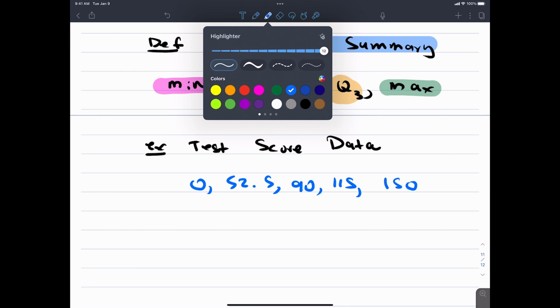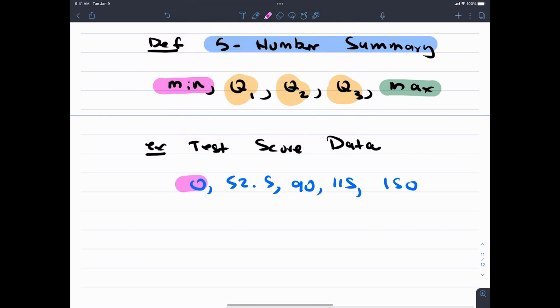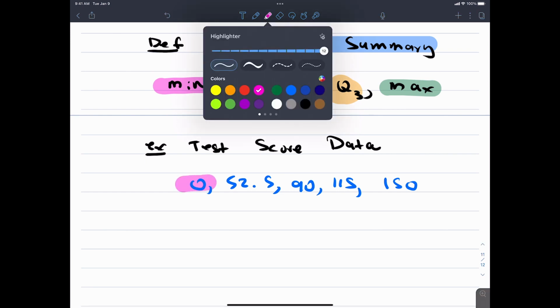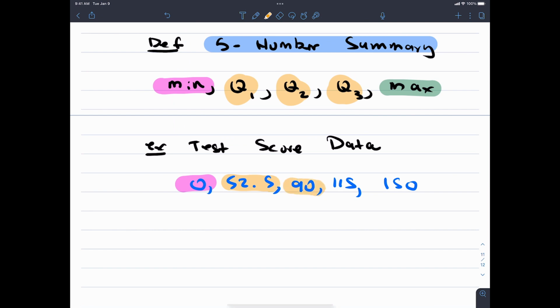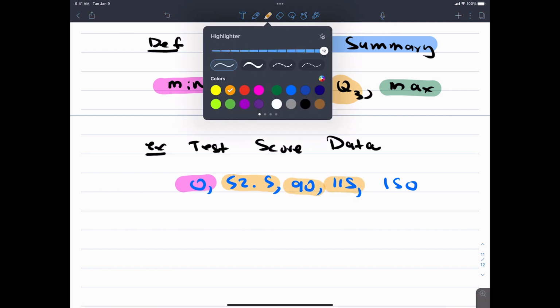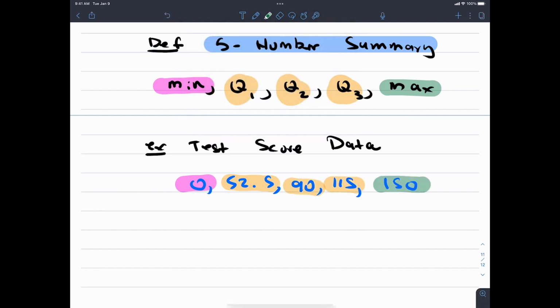So let me get out our colors so you guys can see that. Pretty in pink, orange, and then green. What is this called? The 5-number what? Summary.